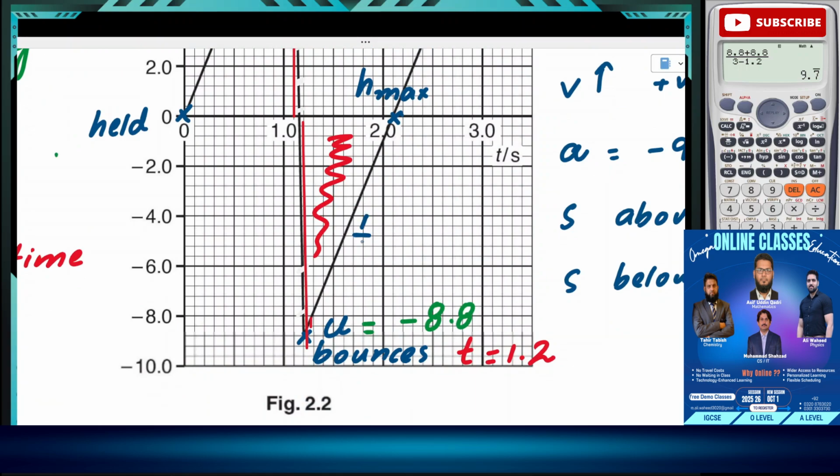1 over 2. What is the base of that from 1.2 till 2.1, which is 0.9? What is the height of this triangle? 8.8. We don't use the negative sign here because we have to find distance. Distance cannot be negative.